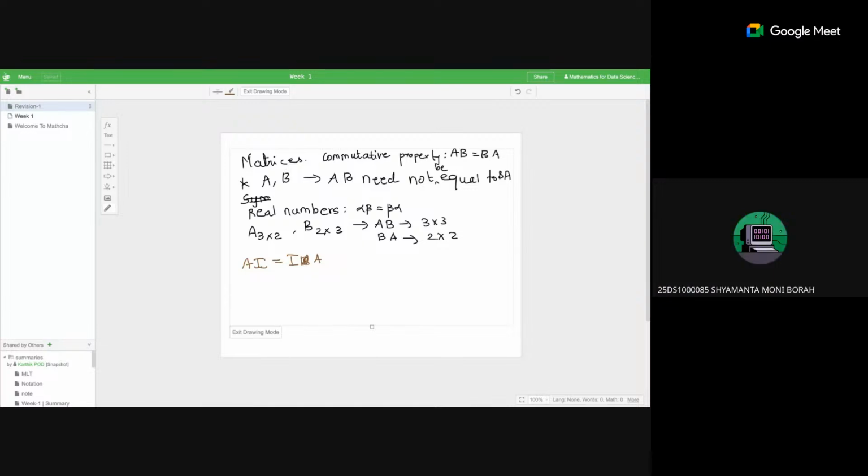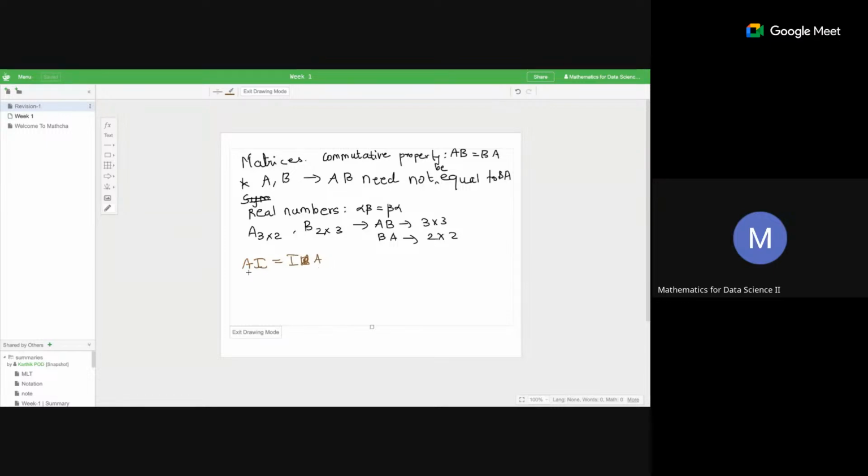What about the order of the identity matrix here, ma'am? Yes, of course, we are taking the same matrix, but even if you are taking a different order, then a suitable order, here I is the same matrix, right? If the order is different, then you cannot simply interchange the sizes.